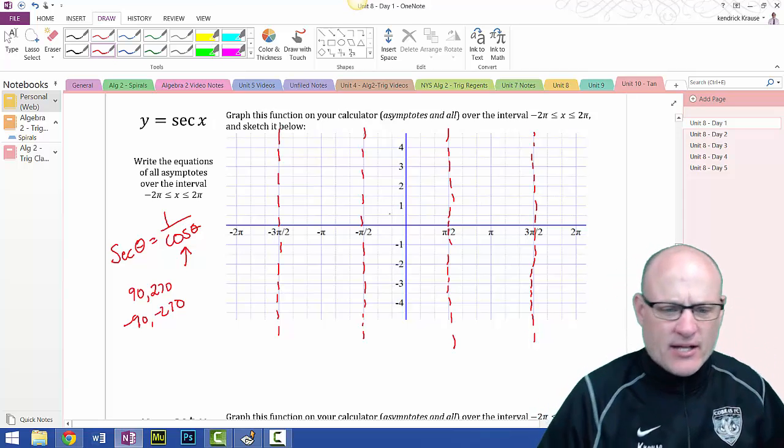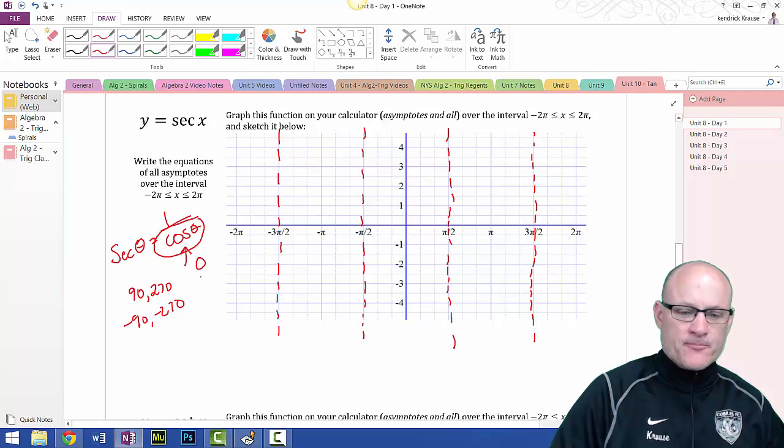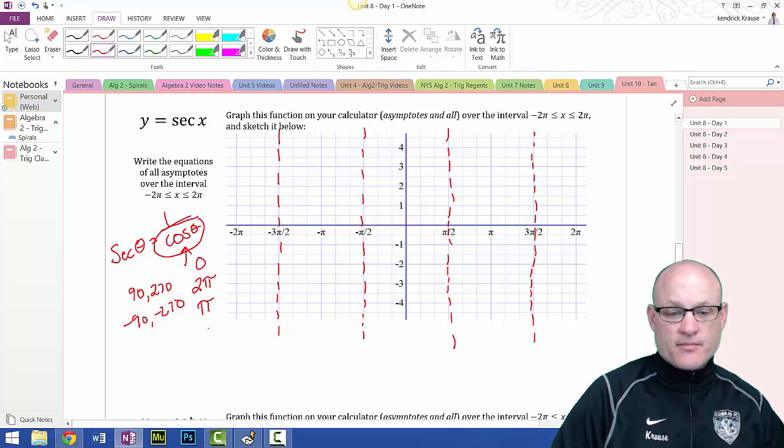And, again, when does cosine theta equal 1? Cosine theta equals 1 at 0 degrees and at 2 pi. It also equals negative 1 at pi, or 180 degrees. So at 0, it's 1, and we know at 2 pi, and over here, it's a maximum. That means in between, it is a minimum of negative 1.